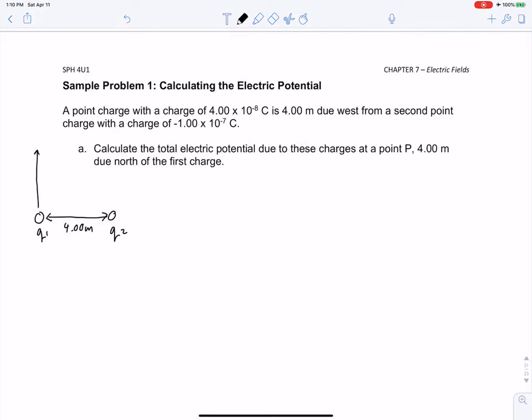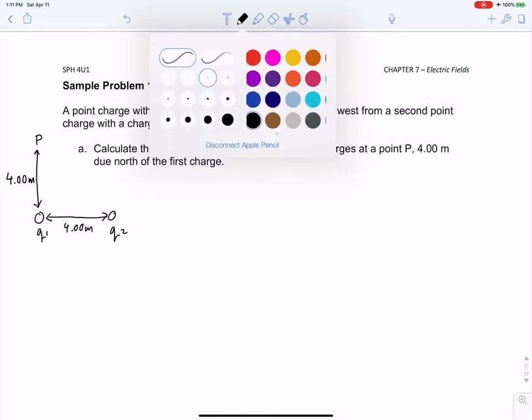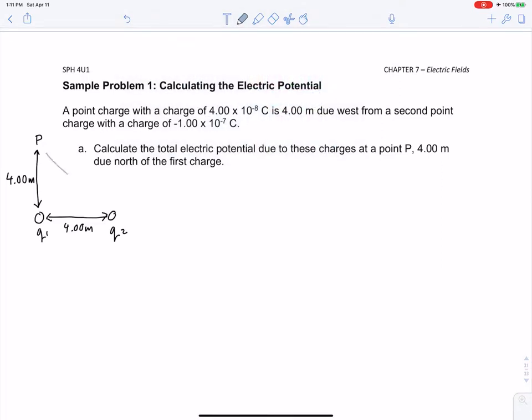So we want to find out the total electric potential here at point P. We know the distance between Q1 and P, but we can also find the distance between Q2 and P. We can use the Pythagorean theorem to find this value, r, which is equal to the square root of 4 squared plus 4 squared.